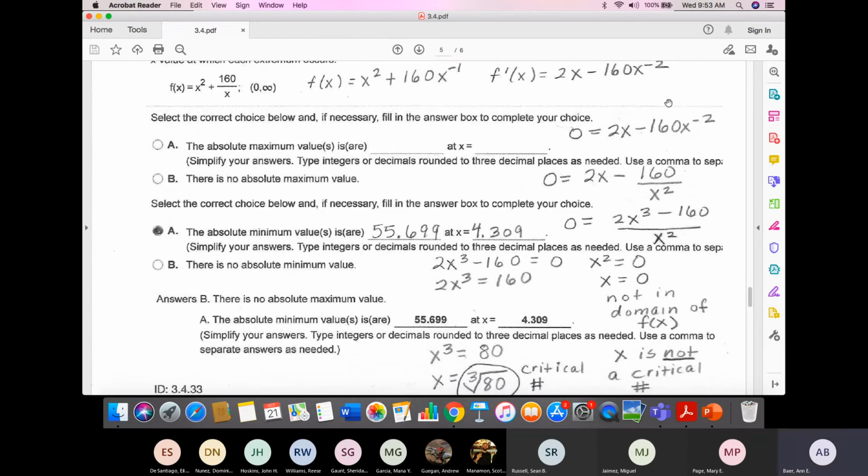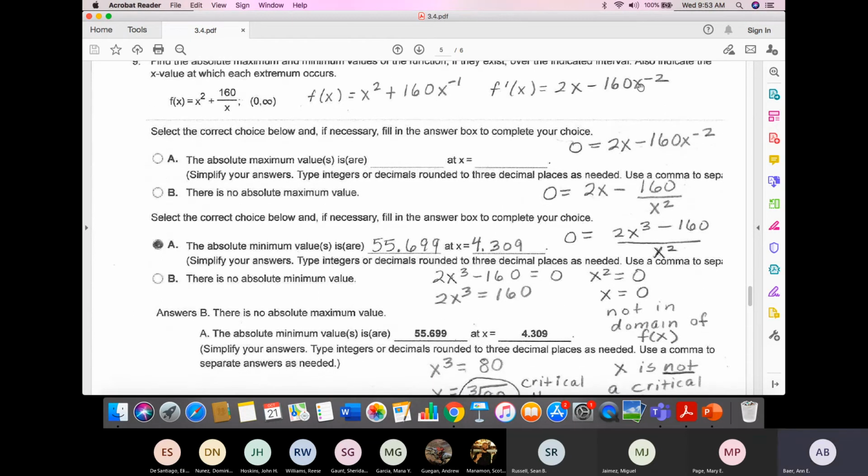When we find our critical numbers, we want to look to see where our first derivative is 0 or undefined. Both of them are possibilities for critical numbers. Where is the first derivative 0 and where is the first derivative undefined?